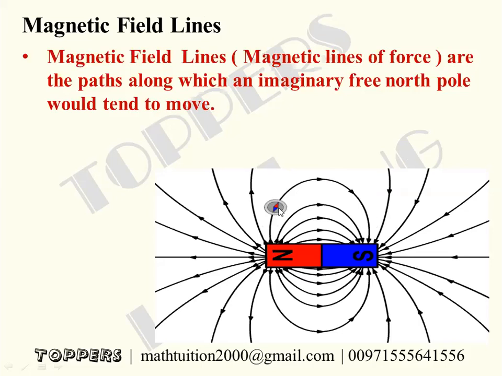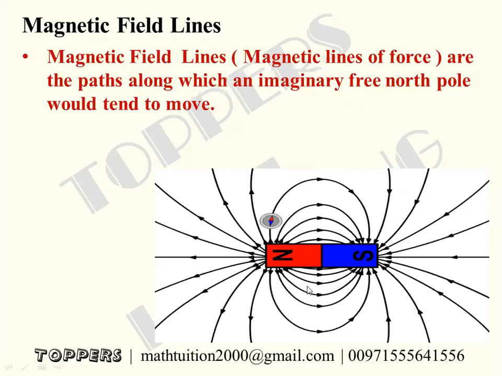See, this north pole is moving only through this line. So this is a magnetic field line, or magnetic line of force. Magnetic force is acting through these lines. That is why we call them magnetic lines of force.